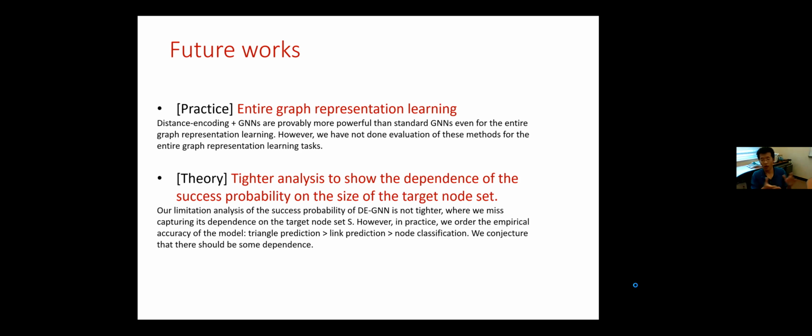It's independent of the size of the target node set S. But actually, we have seen that the expressive power could be improved when we have a larger target node set S, and we also see this gain empirically. We guess that if we can have a tighter analysis, the success probability should also depend on the size of the target node set. But we leave this problem for future study.